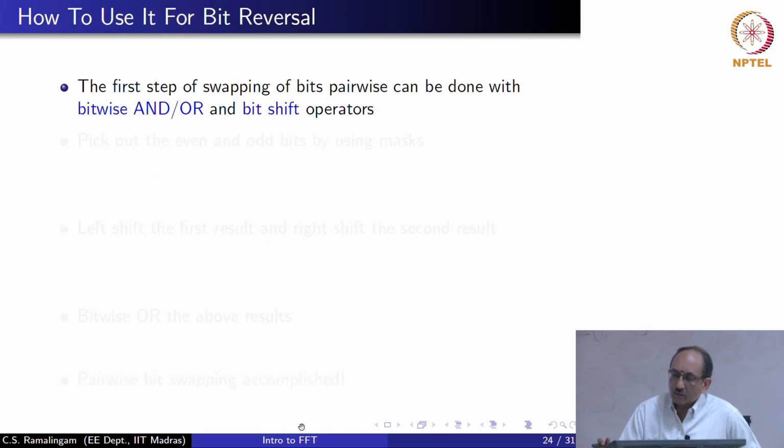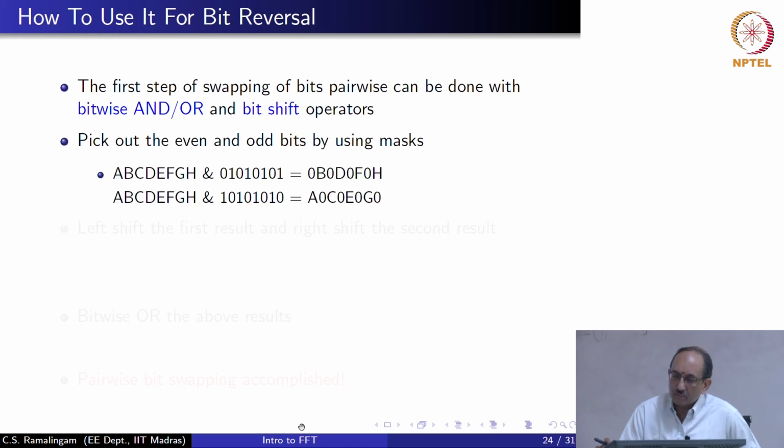So how is it realized in practice? This is realized in practice by bitwise AND and OR operators. So for example, if you have the sequence A, B, C, D, E, F, G, H, and if you mask it with this bit pattern, you get this, and you mask it with the second pattern, you pick out the other, this one. Remember, first you need to do pairwise reversal, right?